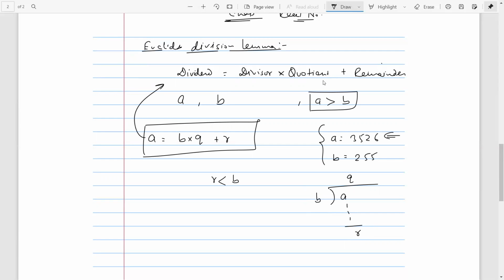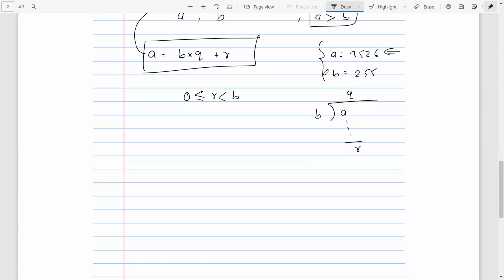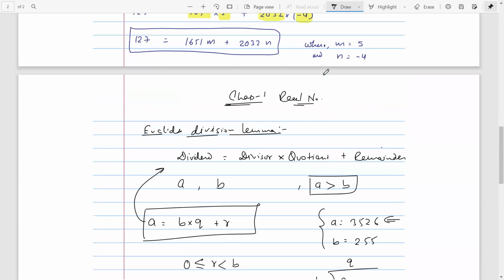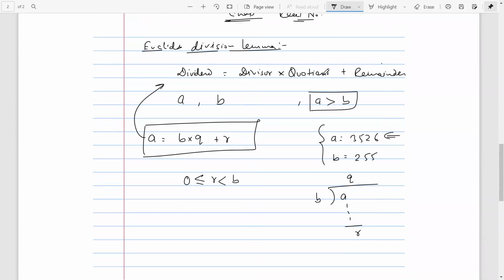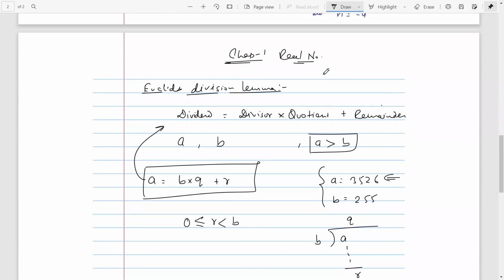So remainder is either 0 or greater than 0, but it has to be less than the divisor b. You can go through yesterday's video, even though the audio was not very clear, but still you should be able to understand it. So that was Euclid's division lemma.